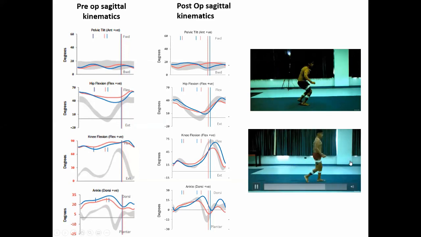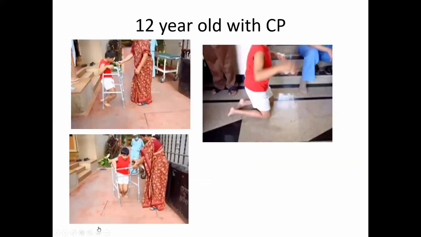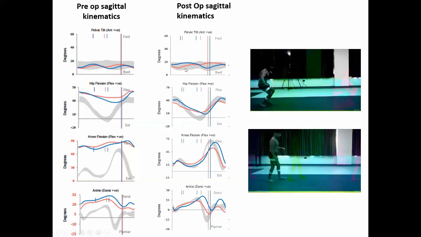Of course, he has undergone therapy for quadriceps strengthening, hip extensor strengthening, etc. But you can see that the ankle, in the lower graph, which was dorsiflexed has become a normal angle without doing anything to the ankle. If you look at the hips, these hips which were flexed have completely come into line without doing anything to the hip flexors.